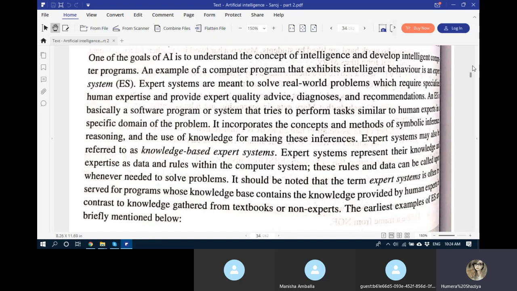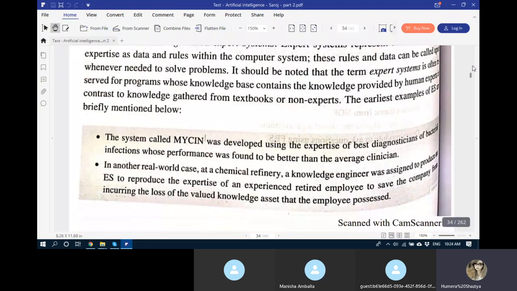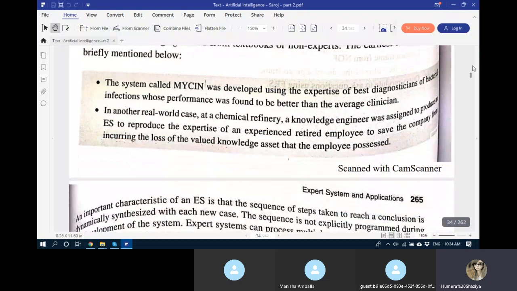So an example of an expert system is MYCIN. This MYCIN was developed using the expertise of the best diagnosticians.